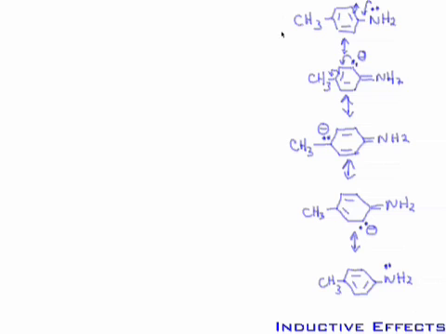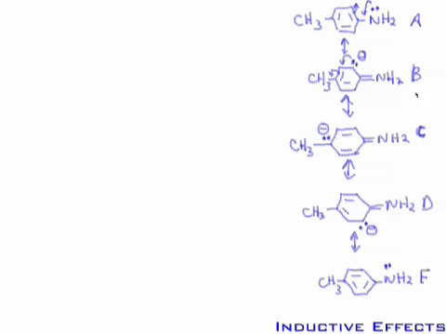And if we label our resonance contributors A, B, C, D, and E, if we look at structure C, inductive electron donation from the methyl group will push electrons towards a negative charge. This is unfavorable. In other words, the negative charge in position C is not stabilized at all by the presence of methyl. If anything, inductive electron donation will destabilize contributor C.